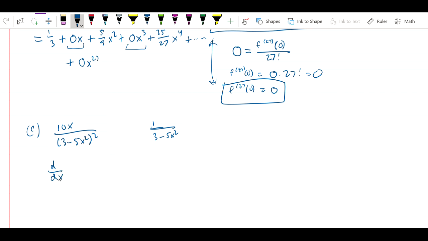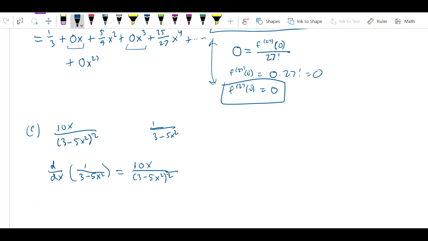So the derivative of 1 over 3 minus 5x squared is equal to, surprise, 10x over 3 minus 5x squared, squared.